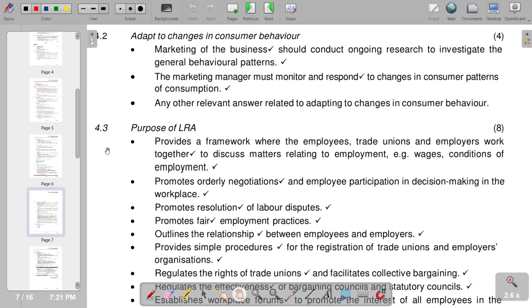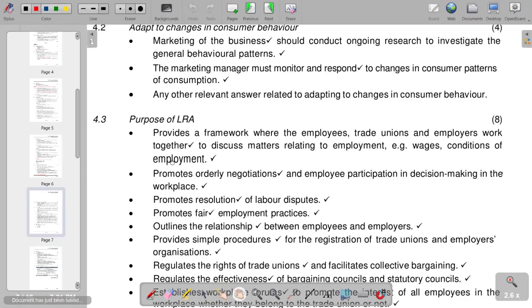Of course, on the next part, we've got the purpose of the Labor Relations Act. These are the purposes of the Labor Relations Act.